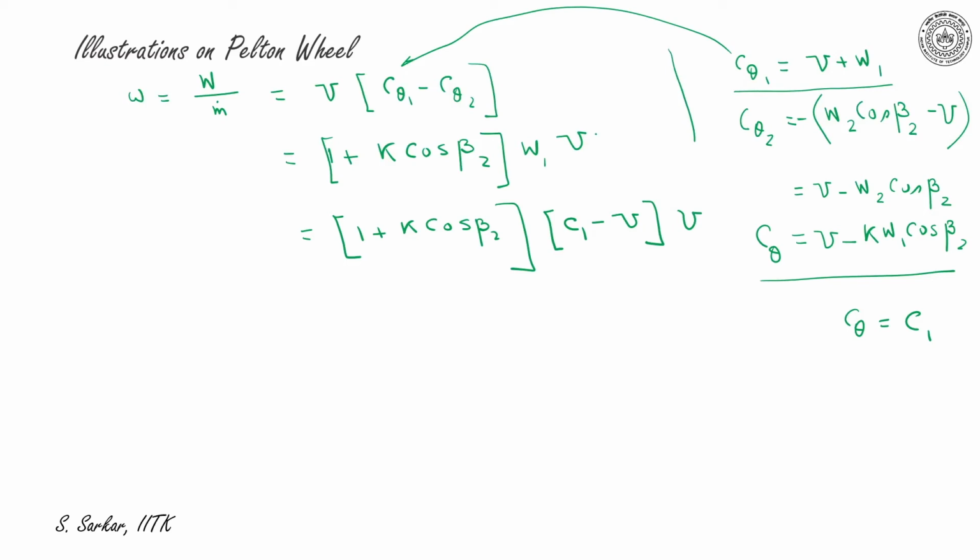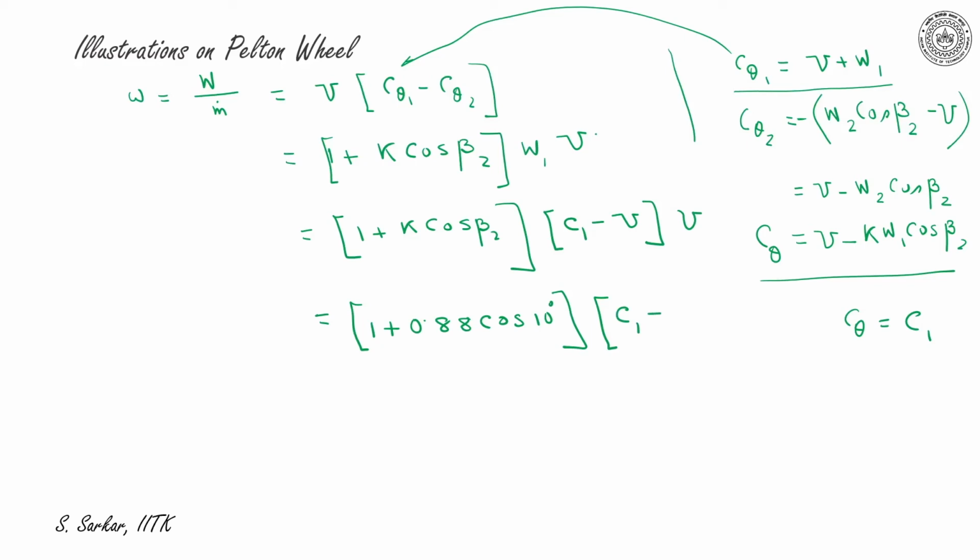Just let me put the whole value here. So this is 1 plus K would be 0.88 cos of 10 degree. Let me put it in terms of C1.